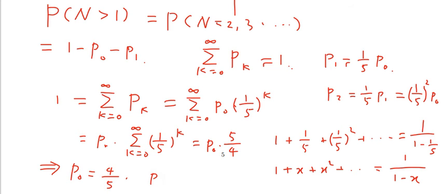Then P1 equals 4 over 5 times 1 over 5, which is 4 over 25. Now we can get to the solution and finish the job: we can find 1 minus P0 minus P1.